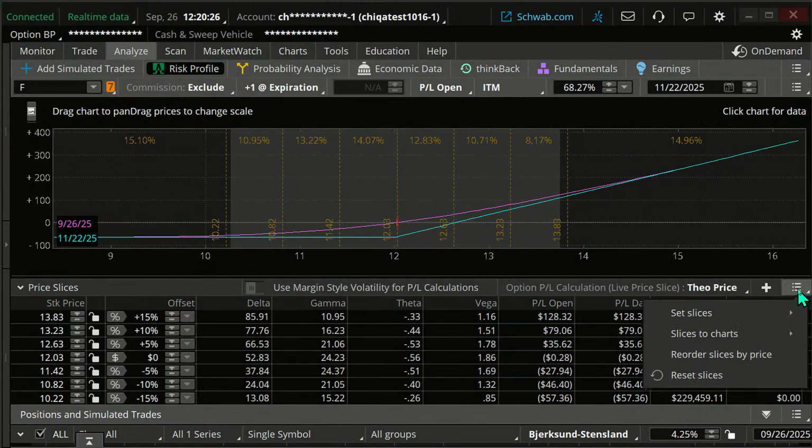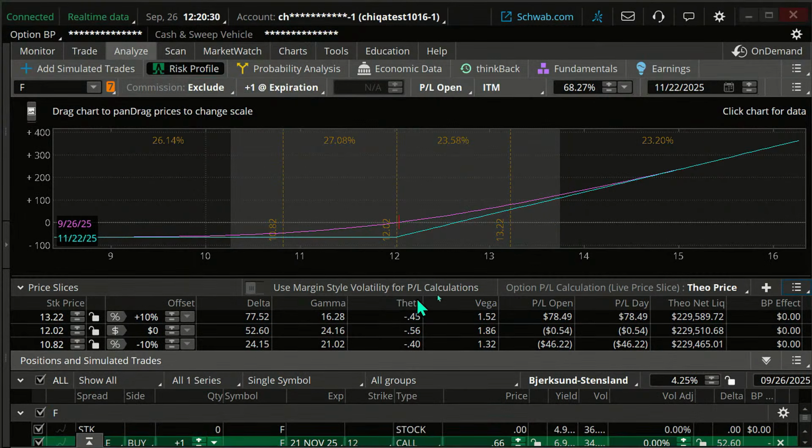Now, just to simplify things just a little bit, let me just reset those. And I want to talk to you about the Greeks. So we've seen so far what our potential profits are for your trade. That's important to know. What your potential losses are for the trade, that's important to know.